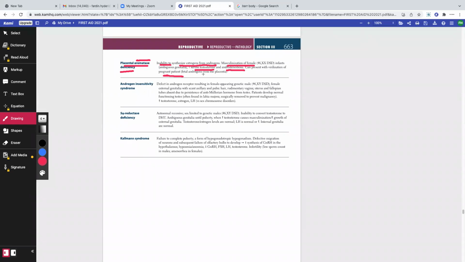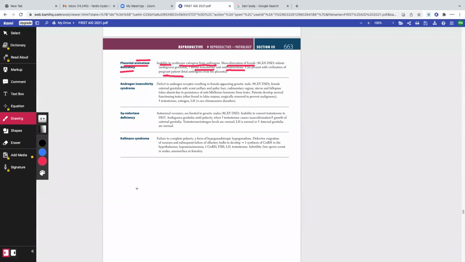For example, fetal androgens can cross the placenta. For example, if the placenta does not have aromatase, for example, placental aromatase deficiency, during pregnancy, let's say a female is carrying a male child, will there be a lot of production of testosterone in the male child?